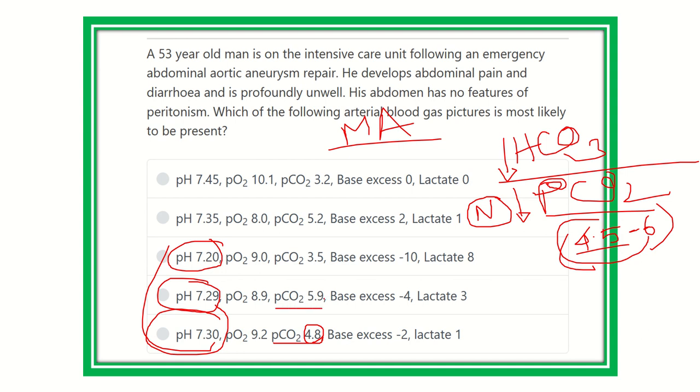In the second option, we see 5.9, which is normal but near the higher range. In option B, 4.8 is the middle range. But in option C, we can see 3.5, which is very low. So the partial pressure of carbon dioxide here is low, so this option is more likely.